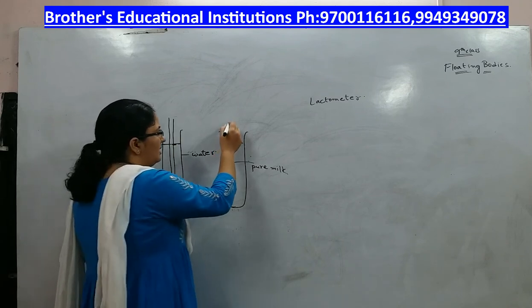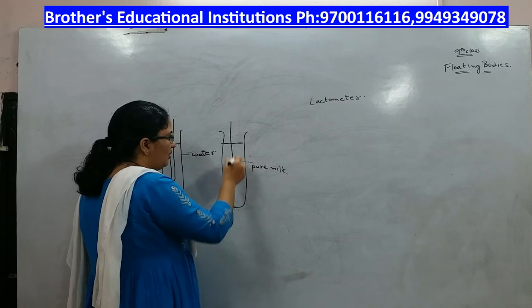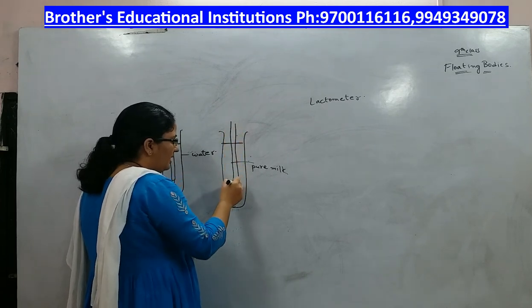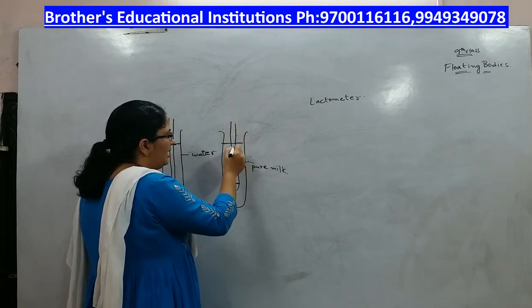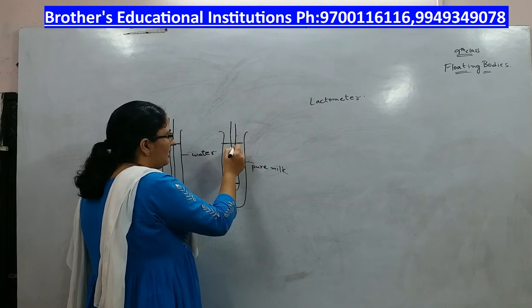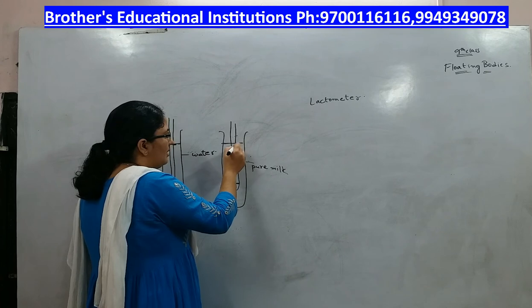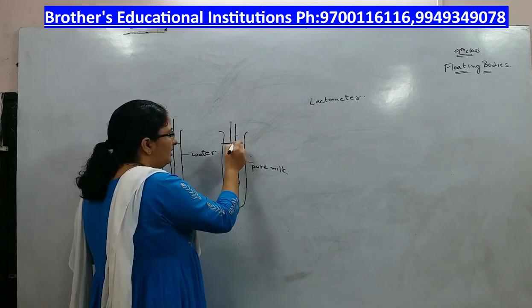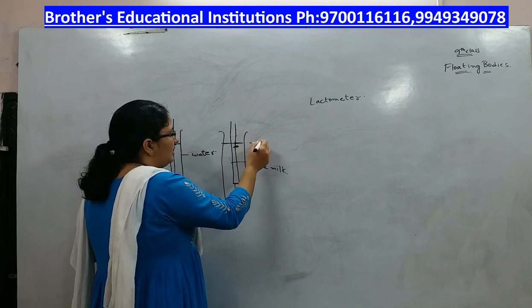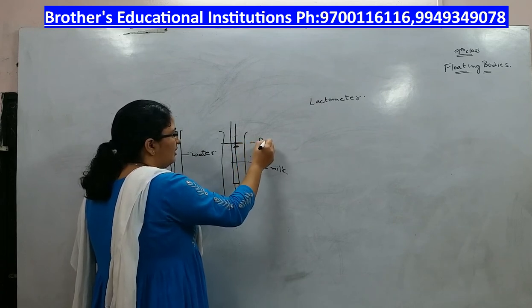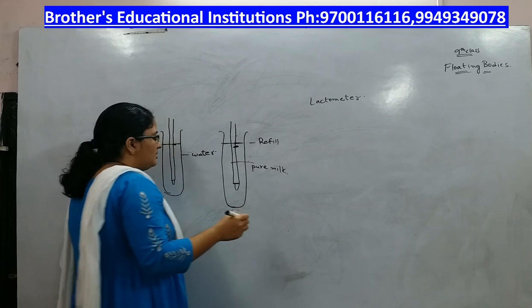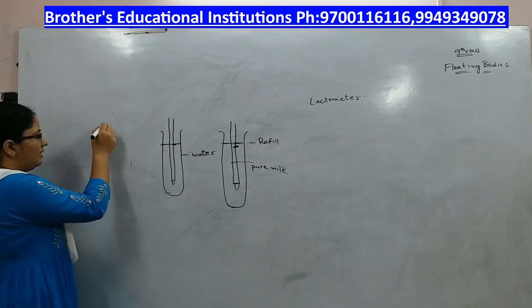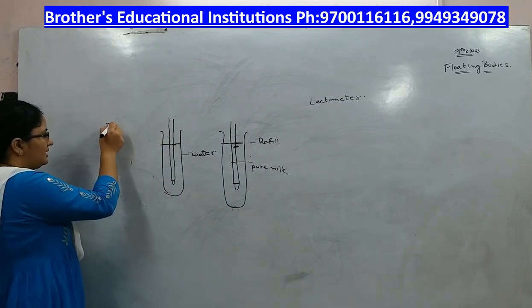Next, same refill, you put it in pure milk and mark the level of the refill. You are marking the level here. So after removing, let us say this is the refill.